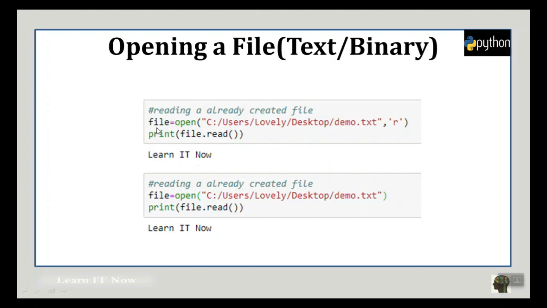Whatever variable you take here, you will write that dot read, and this file object will have all the content which is present in demo.txt. And if we write print in front of it, it will print the content of demo.txt. Even if we don't mention the mode, it will serve the same purpose. I told you that by default the file is opened in read mode.